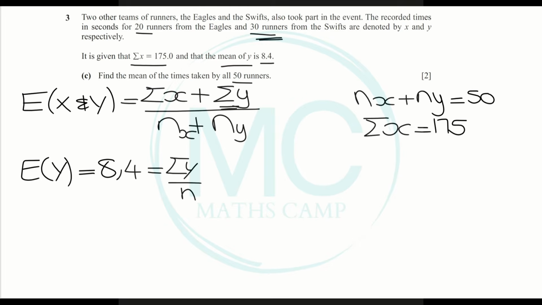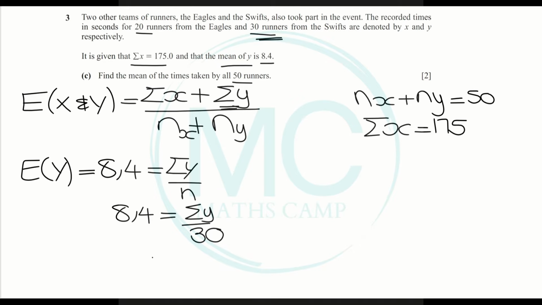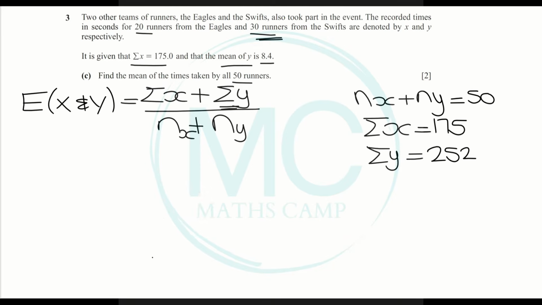So we can say that 8.4 is equal to sigma y over 30. So to find sigma y, we multiply 8.4 by 30. 8.4 multiplied by 30 is equal to 252. This is my value for sigma y, 252. Now I can make some space and I can fill my values into the formula.